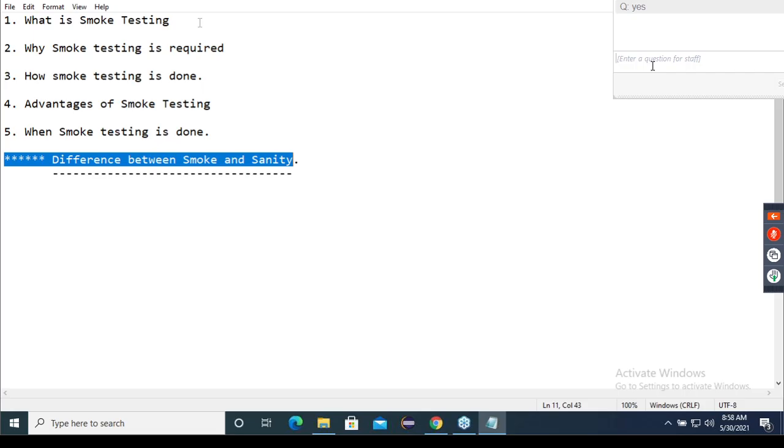Sumit Prakash says, sir, I thought smoke testing is a very small topic. Correct, guys. That is why I'm saying there are 2 ways of teaching. Many places, many branches, or any other institutes, within 15 minutes they'll finish off this topic: what is smoke testing?